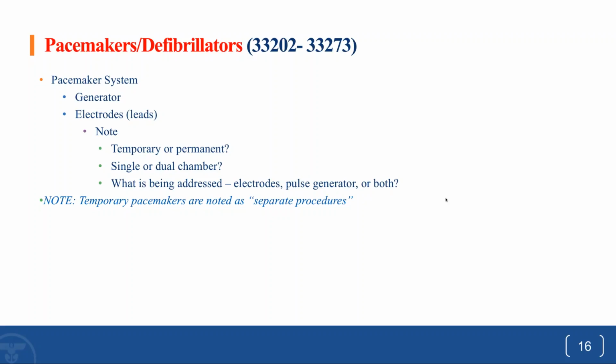So of course, when you're reading your question, you need to know whether it is in reference to a pacemaker or a defibrillator. The first four are for the insertion, and that's inserting the leads. As you can see, pacemakers can either have a single lead or a dual lead.